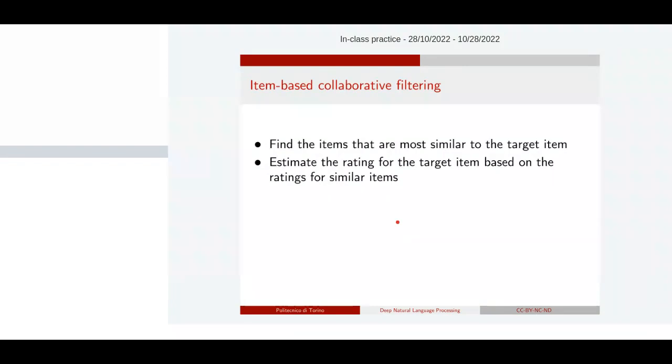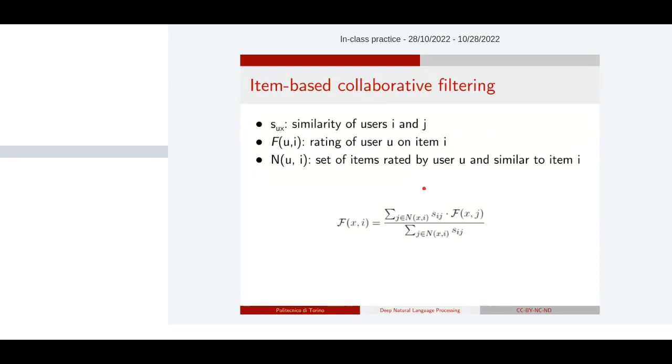Then you have the item-based scenario, where you find the items that are most similar to the target item, estimating the rating based on the ratings given to other similar items. And here is the formulation. It's simply a weighted average computed over the similarity matrix. And these are the ratings explicitly given by the user or implicitly given by the user.